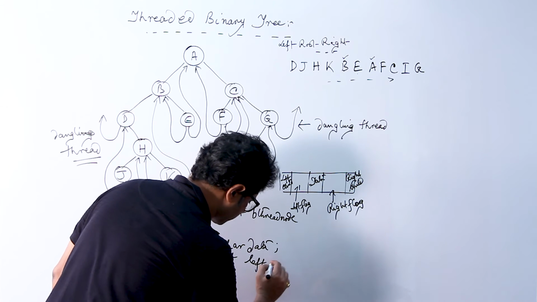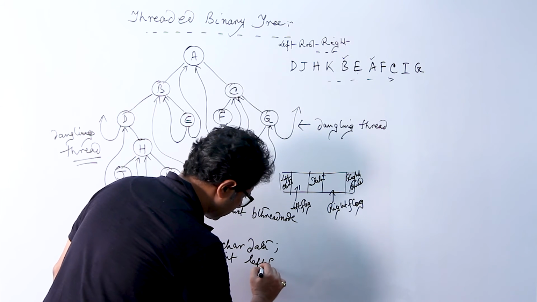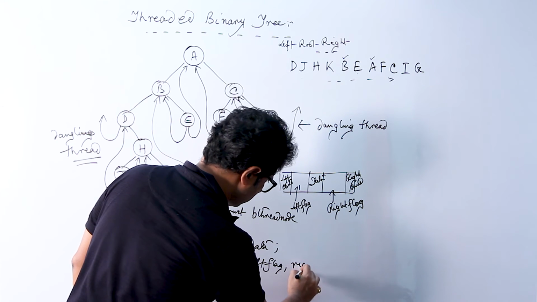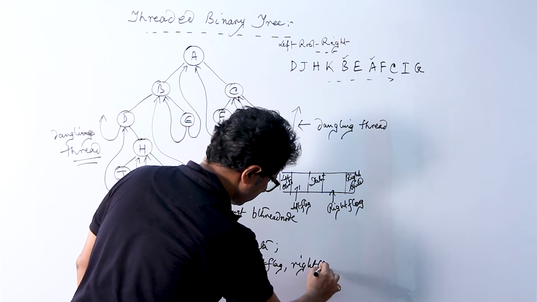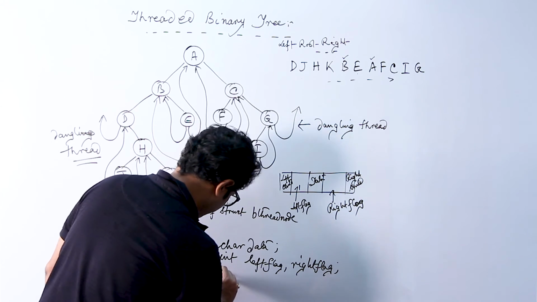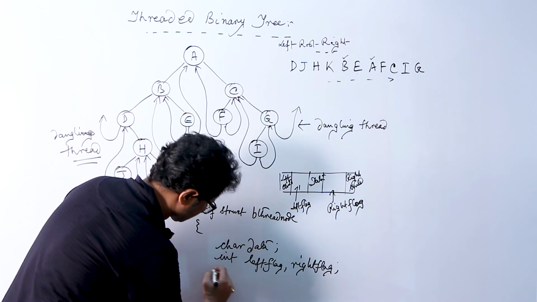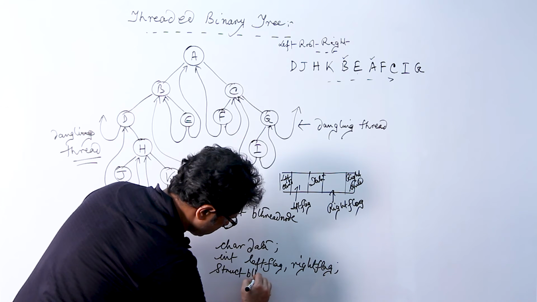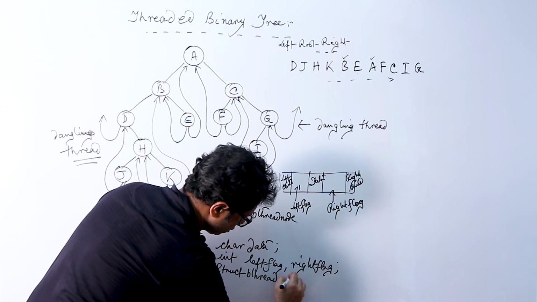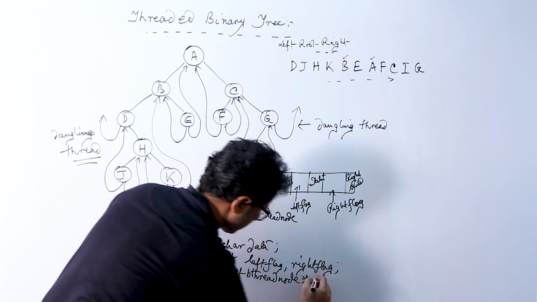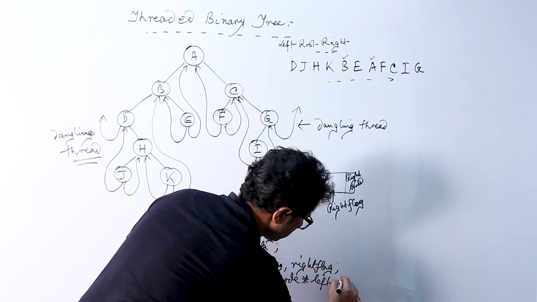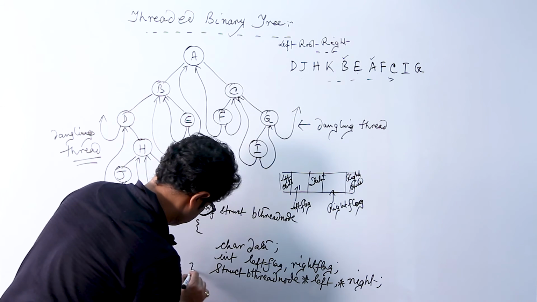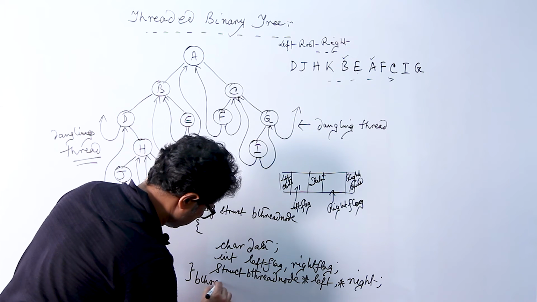What they will contain, I am explaining in a bit. int leftflag, rightflag, and then two pointers, that is struct B_thread_node *left, *right, and name it as B_thread_node.